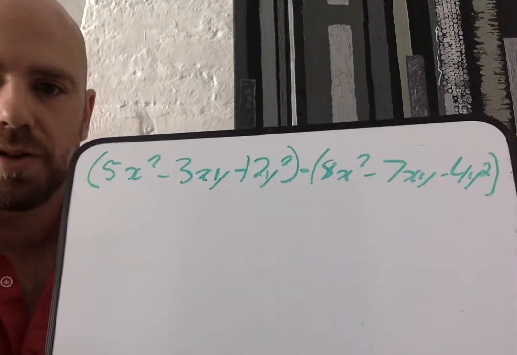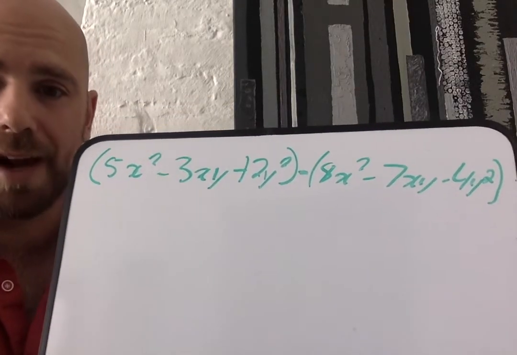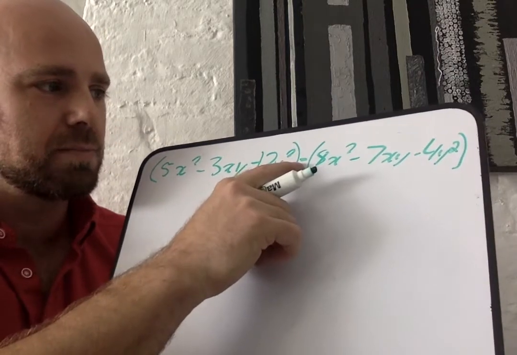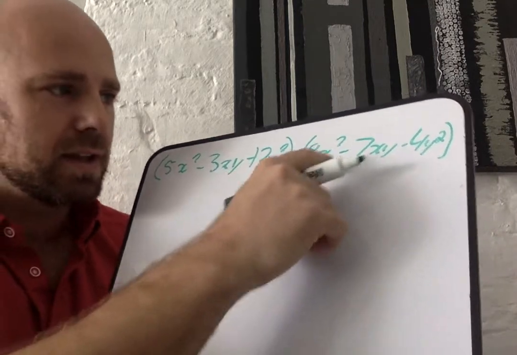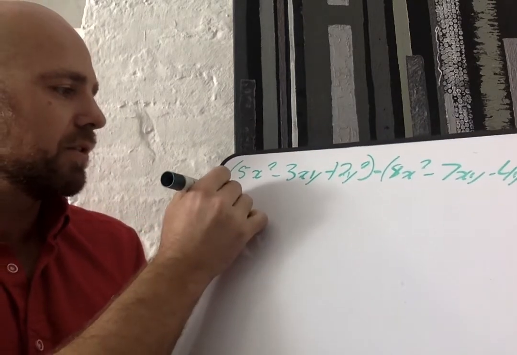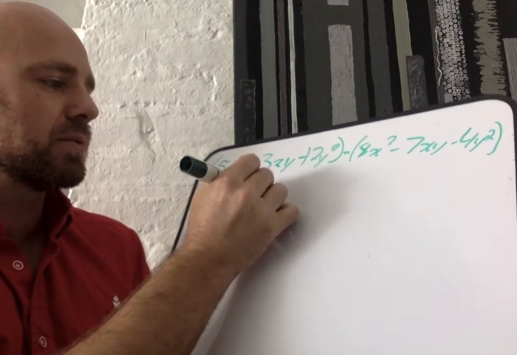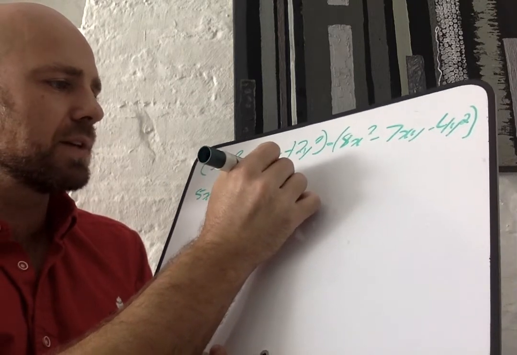Okay, so my first step is I'm going to try to get rid of these brackets, and I'm going to distribute this minus, or the negative 1, into all three terms of my trinomial. Okay, so my first one I'm just going to leave, so 5x squared minus 3xy plus 2y squared.